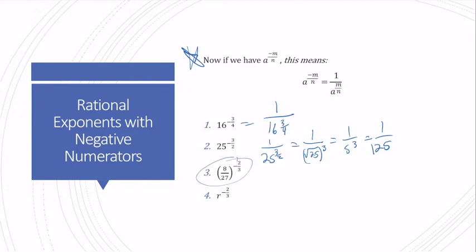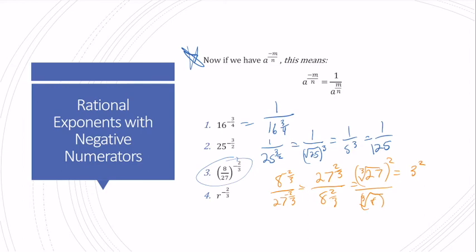For this third example here, let me change colors real quick. If I have 8 to the -2/3 over 27 to the -2/3, right? Remember, negative exponents go to the denominator, so I flip it. I've got 27 to the 2/3 over 8 to the 2/3. That's really saying the cube root of 27 squared, which would be 3 squared.